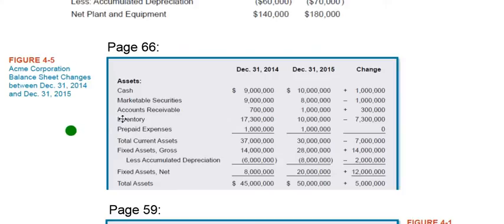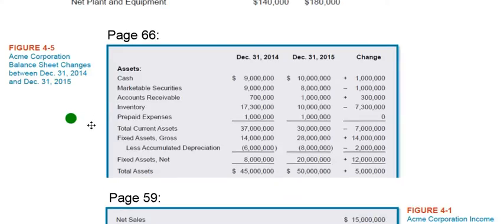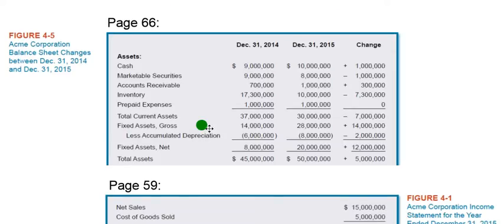And what we want to look at is what we're going to subtract from our assets. Our assets are the positives, what we have that's actually valuable. Like cash is valuable.